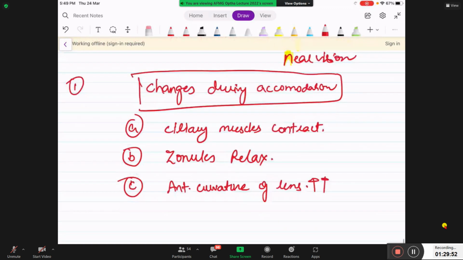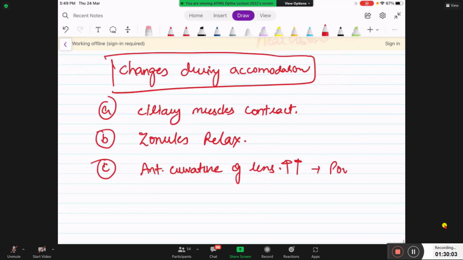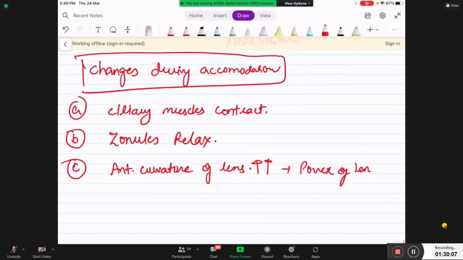Remember the next important point: whenever the curvature of any structure inside the eye, be it cornea or lens, increases, the power of that structure will automatically increase. So the power of the lens will also increase. Can you tell me the power of the cornea?